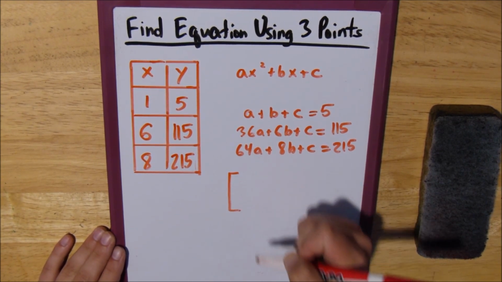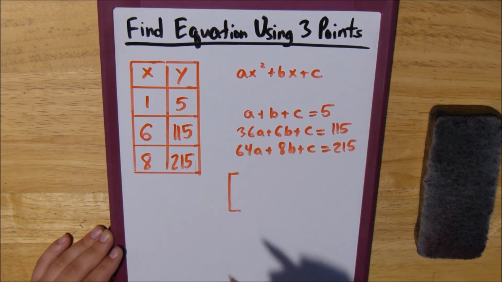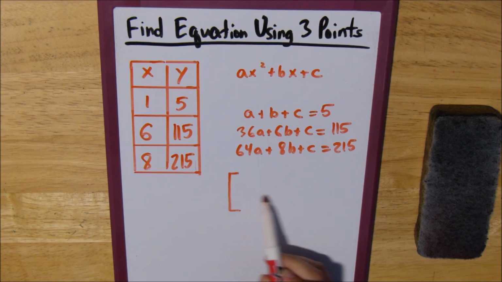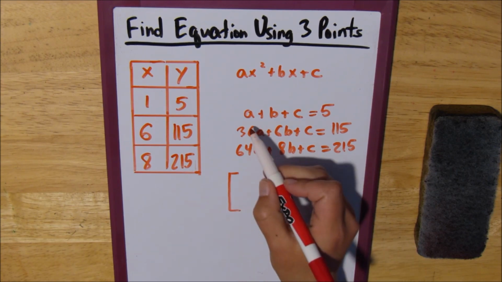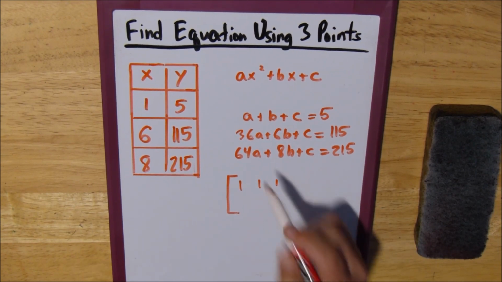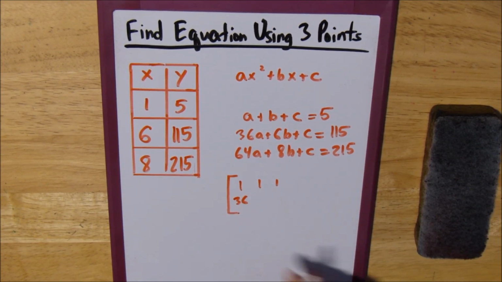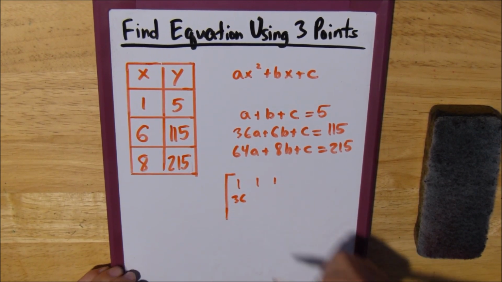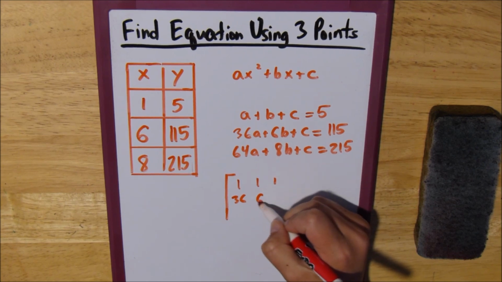And then from there, I turn these into matrices, okay? So our first row is going to be 1, 1, and 1. You basically just take the coefficients in front of a, b, and c and put them there respectively. Then we have 36, 6, and 1.